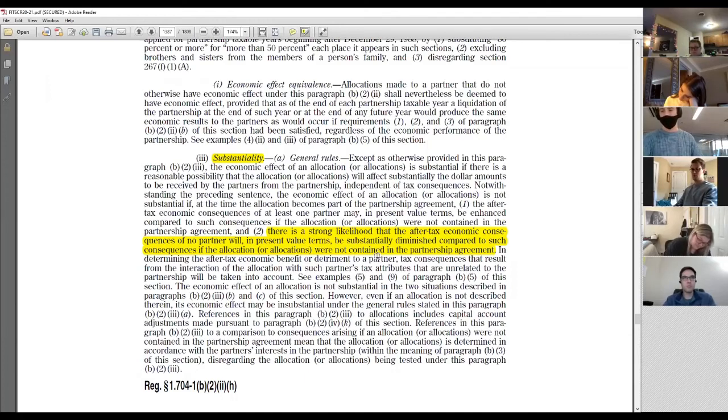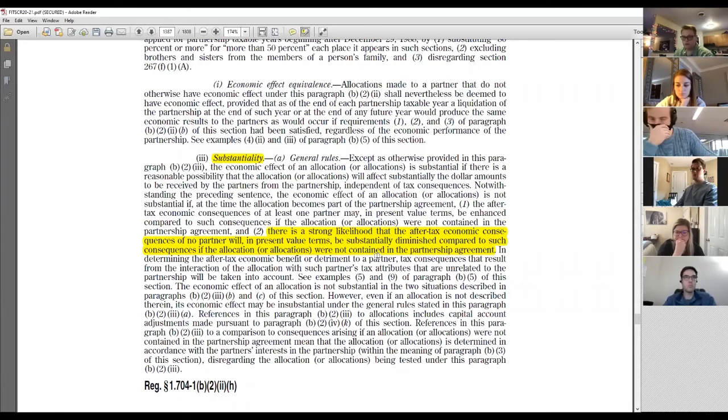But the individual partner was better off on an after-tax basis. So in a lot of cases, these are duplicative. We're going to see next class, because we're not going to get there, where they're not duplicative. Situations where they're captured by this test that wouldn't get captured by other tests.